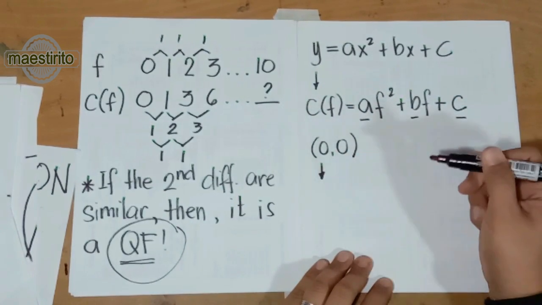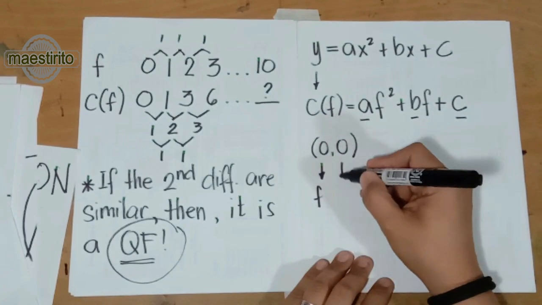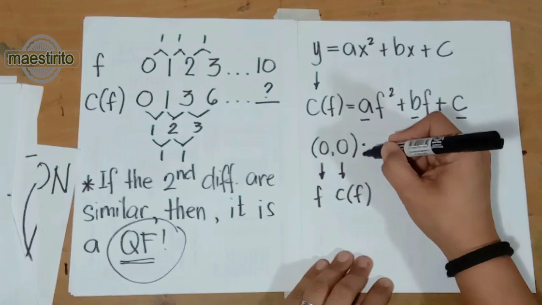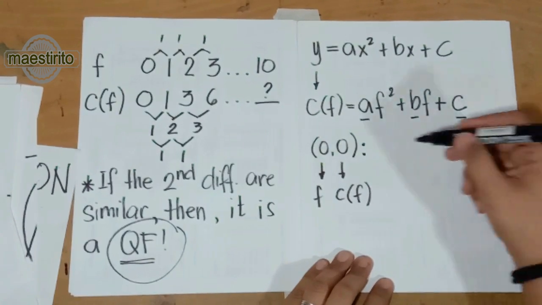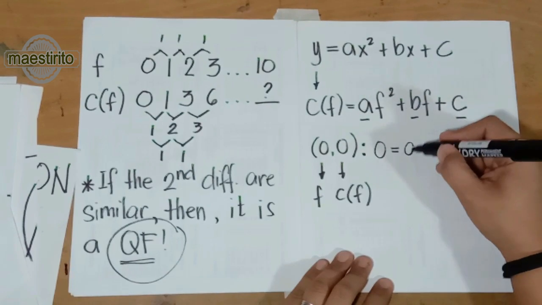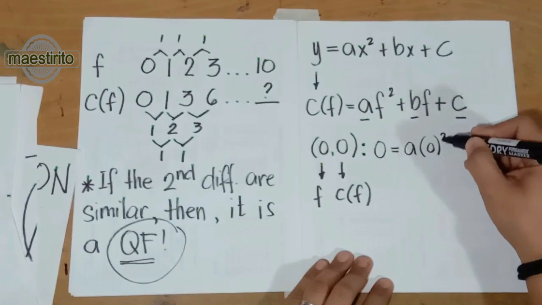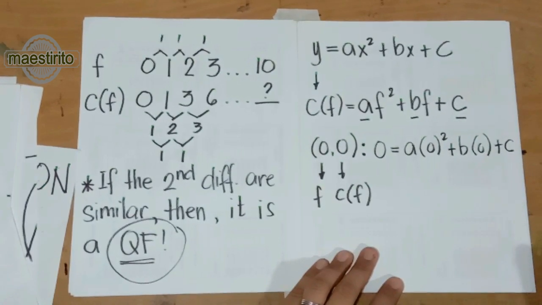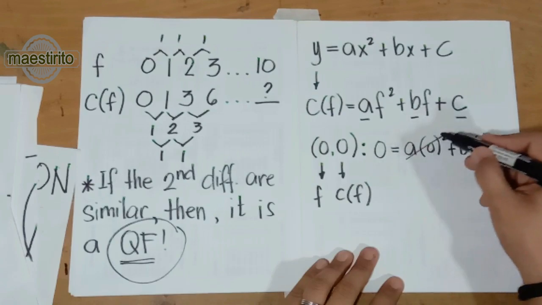So the 0 here would be our f, and then the next 0 would be our c of f. Therefore, this will give us 0 is equal to a times 0 squared plus b times 0 plus c. So to simplify, of course, that's 0, 0.